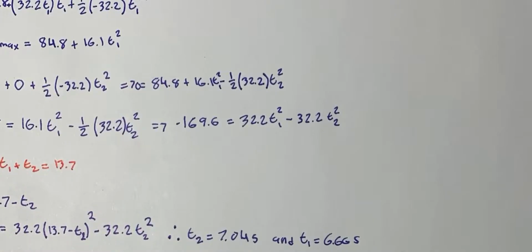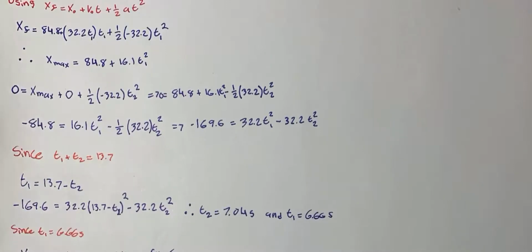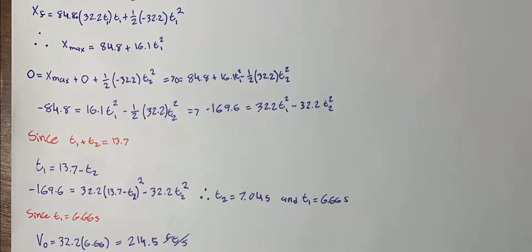Negative 169.6 is equal to 32.2 t1 squared minus 32.2 t2 squared, and t2 is from x max to the ground.